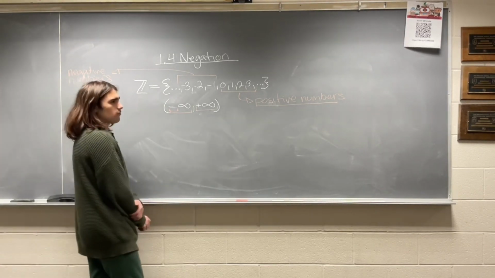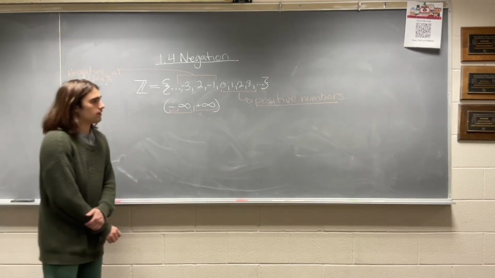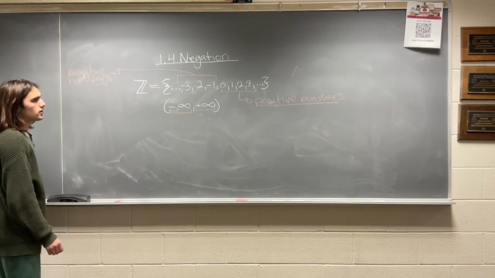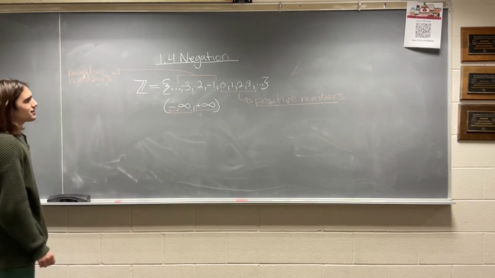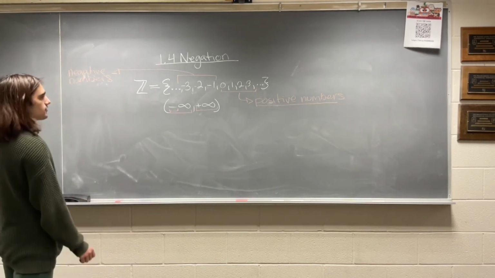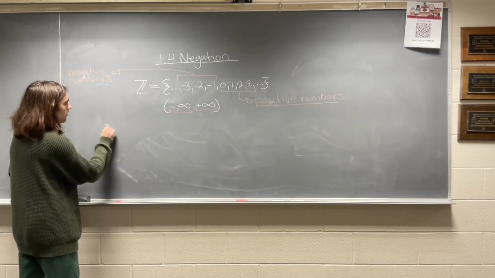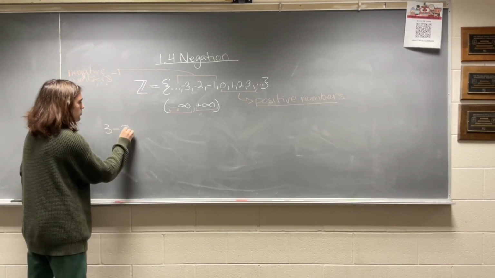So the negative number looks like a minus sign. You've definitely gone over minus before and how minusing works. Well, minusing doesn't really exist in that sort of sense, because what we actually have is, let's say we have 3 minus 2.